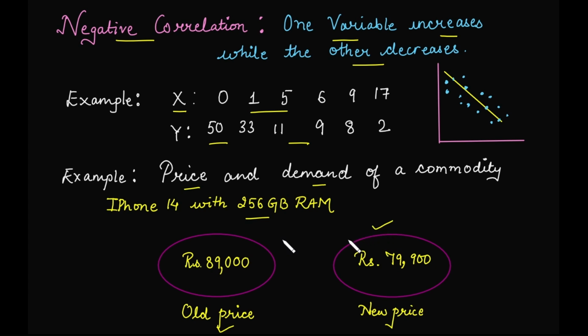So due to the price reduction, the demand for purchasing the iPhone 14 increases. In such a case, the graph has a decreasing curve as shown in this figure. So whenever the price is decreasing, the demand for that product will increase.